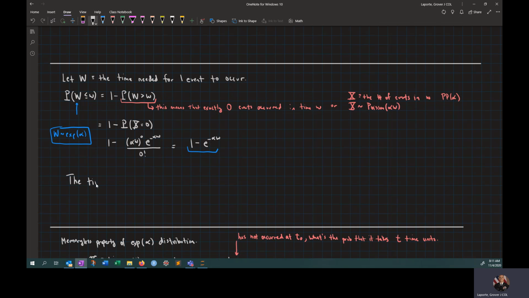The time that it takes for the next event to occur in a Poisson process with rate alpha is known as an interarrival time.